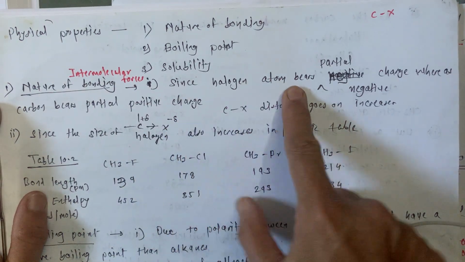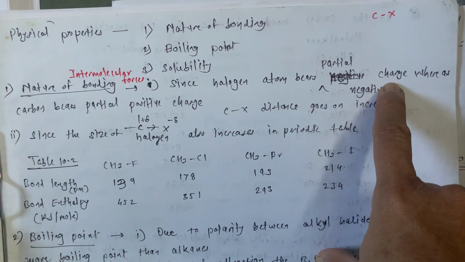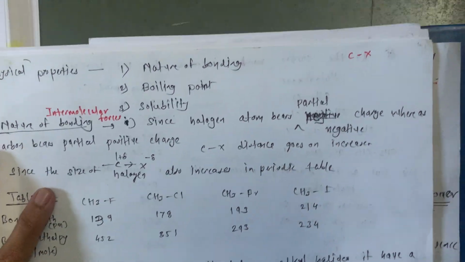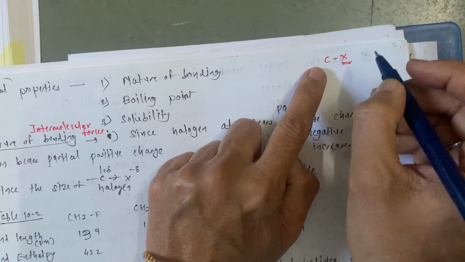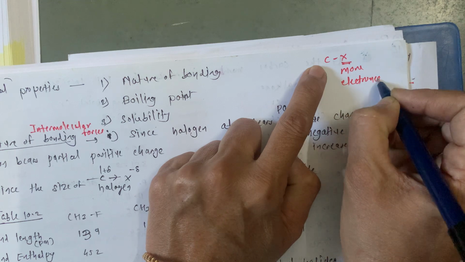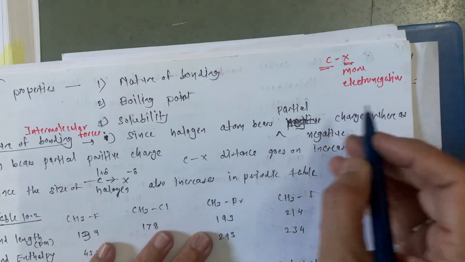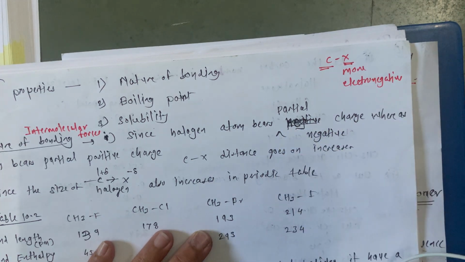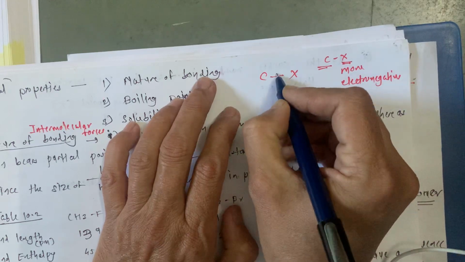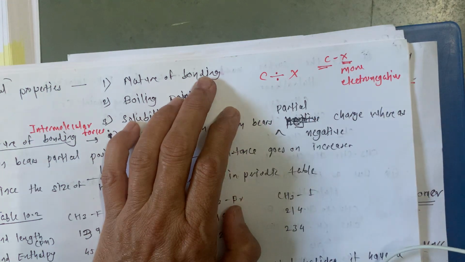Here the halogen atom bears a partial negative charge because halogens are more electronegative than carbon. How is this so? See, this is our carbon and halogen. Here are two electrons which they share, and there is a formation of a covalent bond.